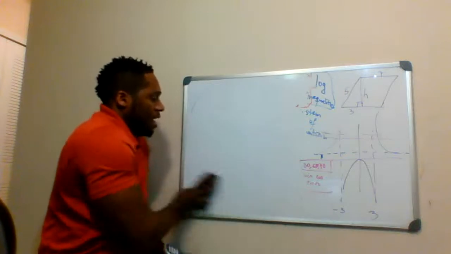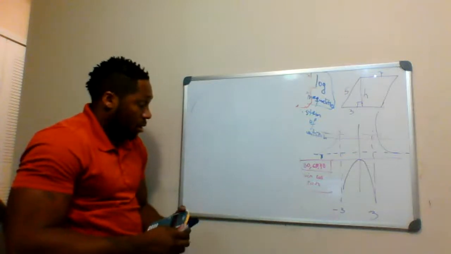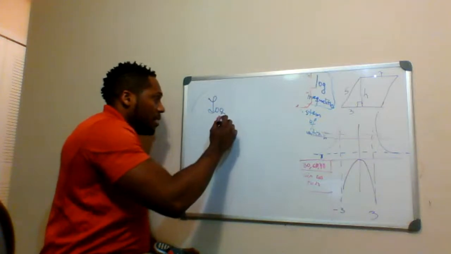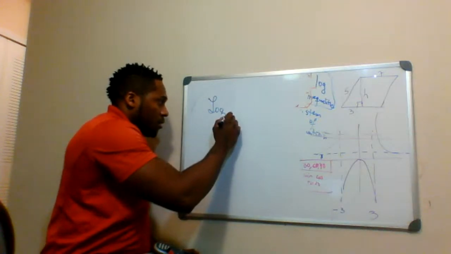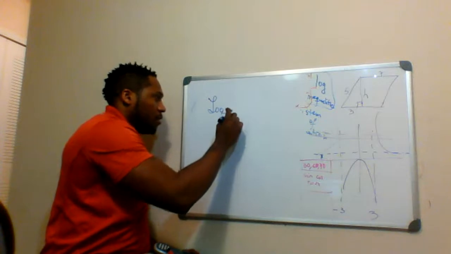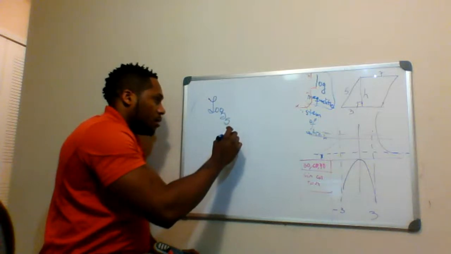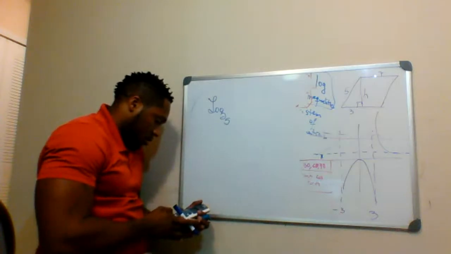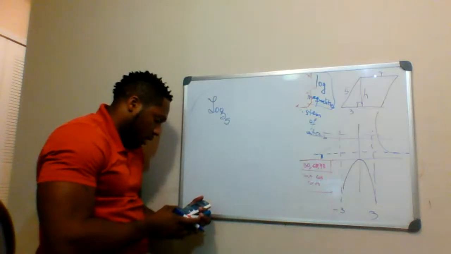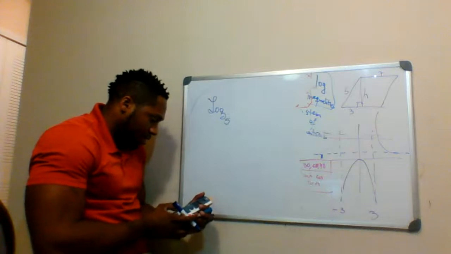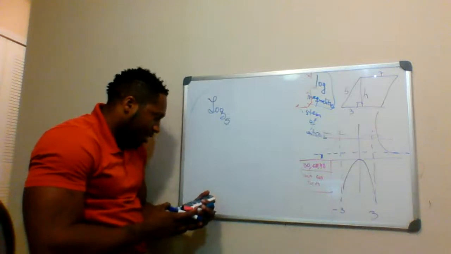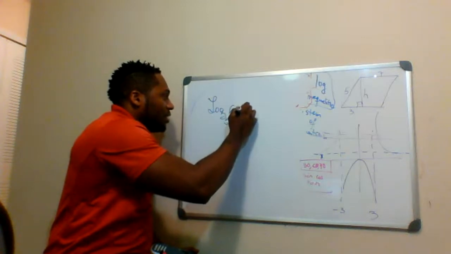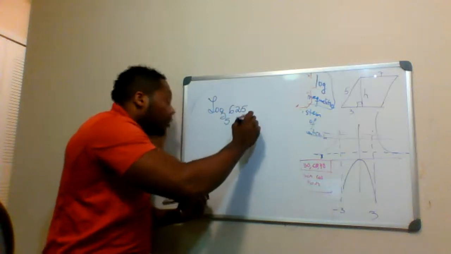So let's say I have log base 5. Trying to give y'all numbers that I know are going to work. All right. Log base 5, and that's the number that I was thinking of, 565 is equal to x.